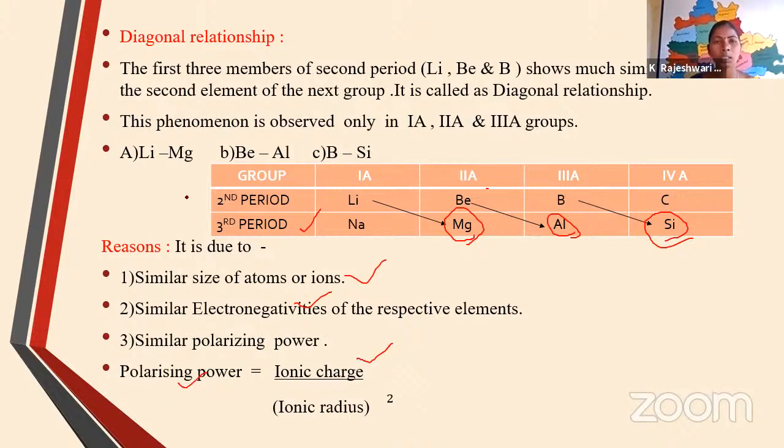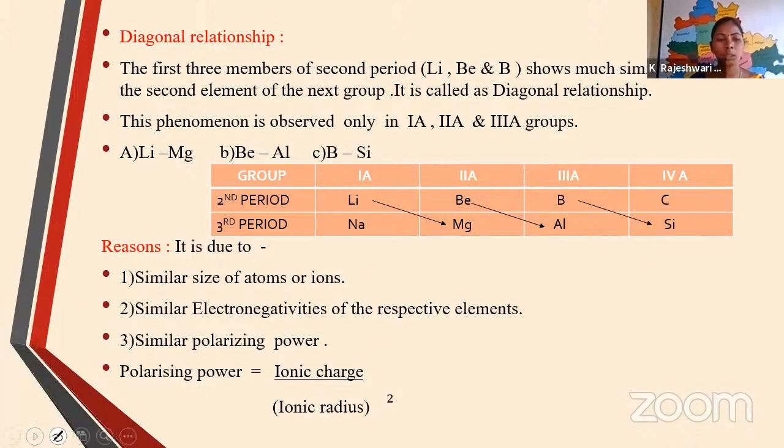Because of these three reasons, they show the diagonal relationship. This is an important 2 marks VSAQ question. Sometimes they may ask it as a 4 marks SAQ question also. Very, very important.